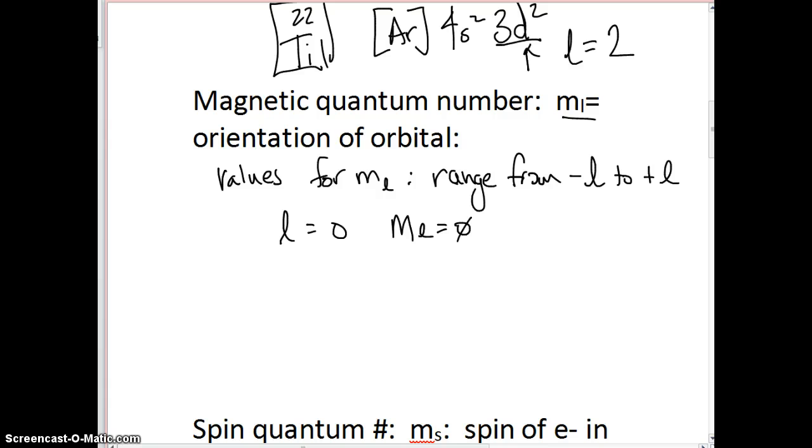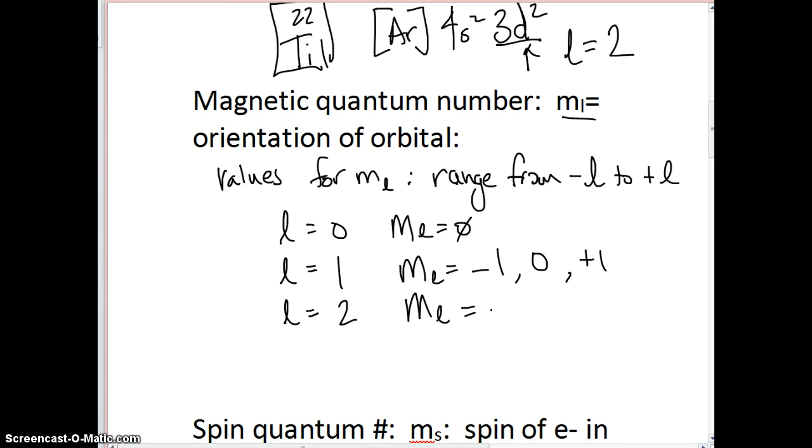But it changes if l is equal to 1, which would describe a p orbital, as we talked about before. Then m sub l is going to be the range of negative 1, including 0, to positive 1. If l is equal to 2, m sub l is equal to -2, -1, 0, +1, and +2.